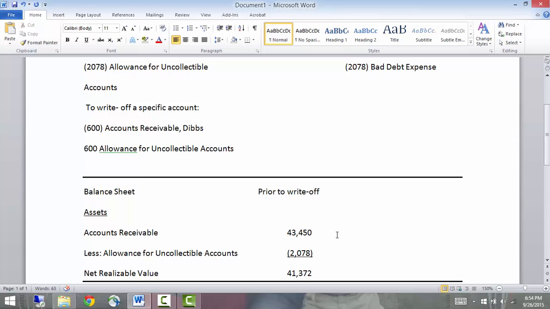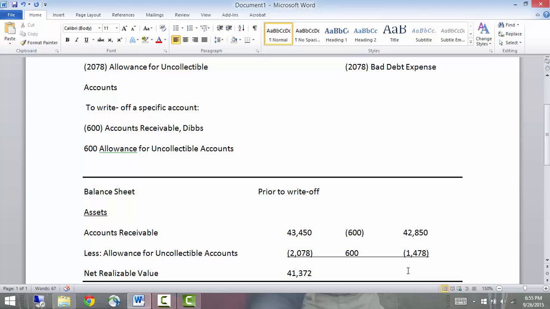And then when we wrote the account off, we removed $600 from our accounts receivable balance. We also removed $600 from our allowance for uncollectible accounts. And I just wanted to show you that the net effect is going to be the same. If you take this number minus 600, our new accounts receivable balance is 42,850. And if you take this negative 2,078 and add 600 to it, our new amount in the allowance for uncollectible accounts is negative 1,478.